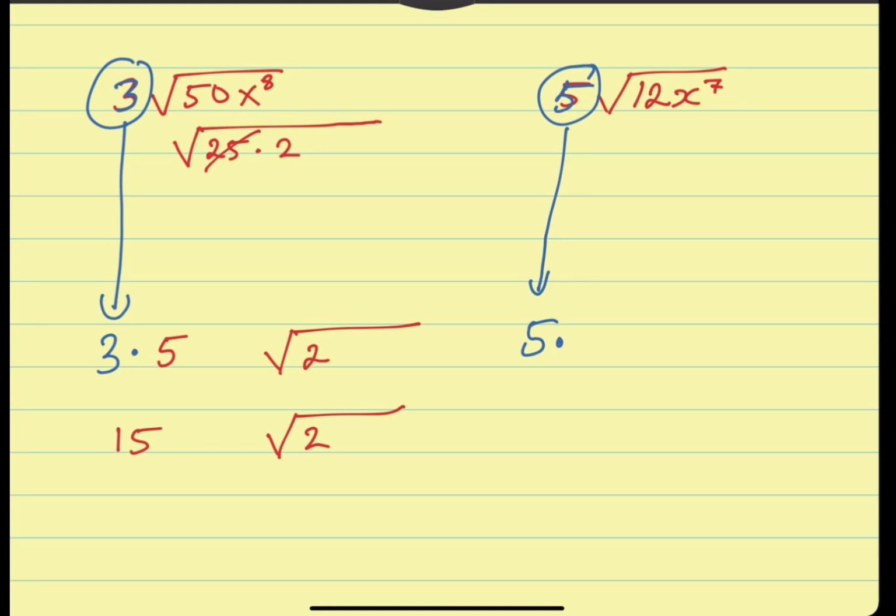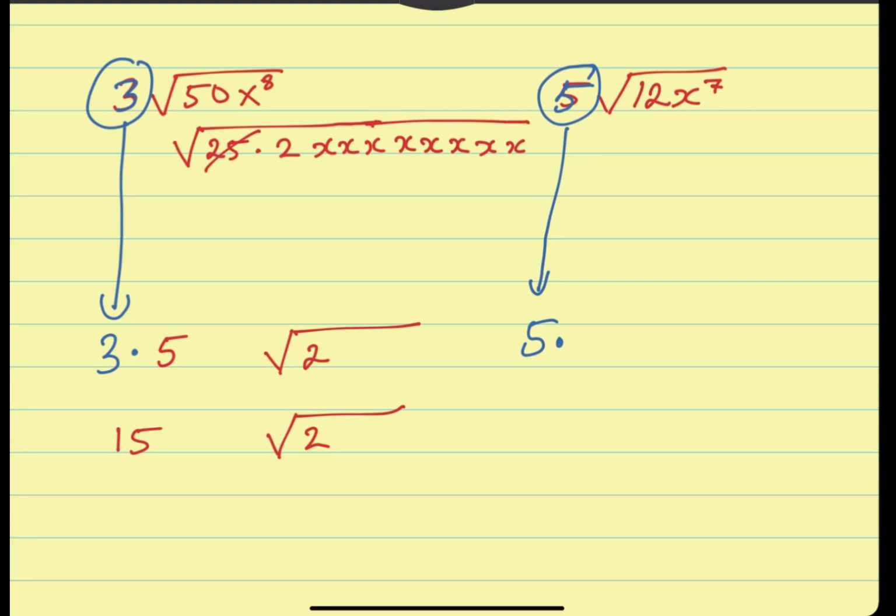Yes. Now, let's take care of the variables. How many x do we have there? I'm talking about the left side. Look at the question. How many x do you see in the question? x to the power of what? 8.